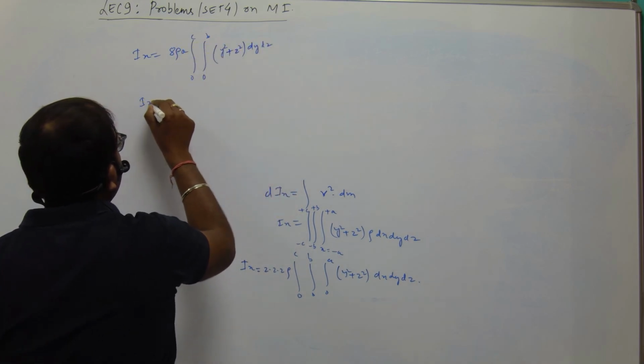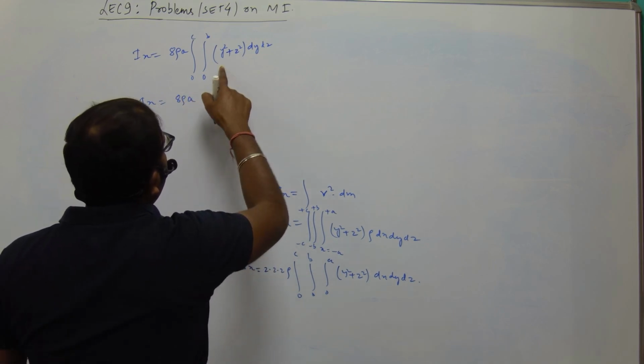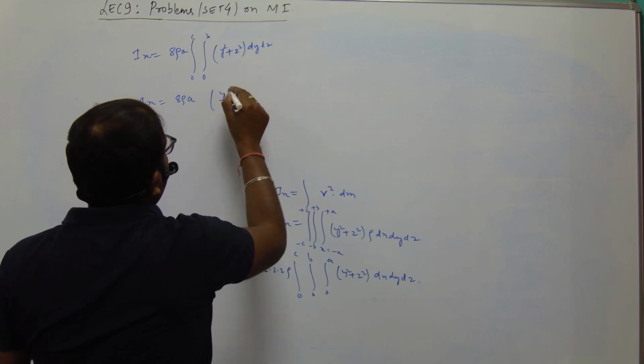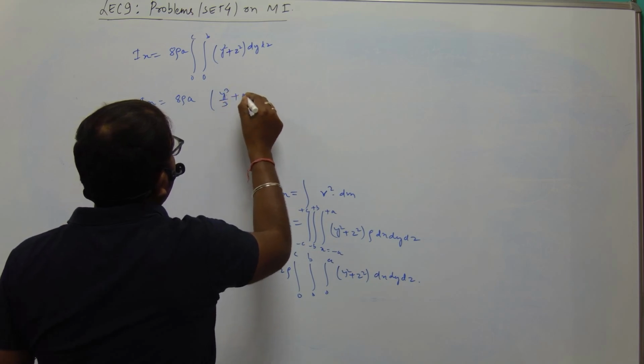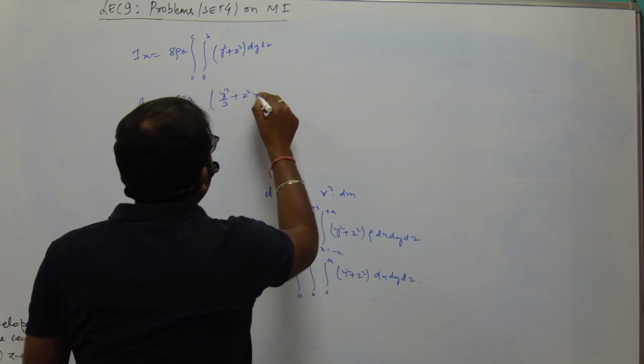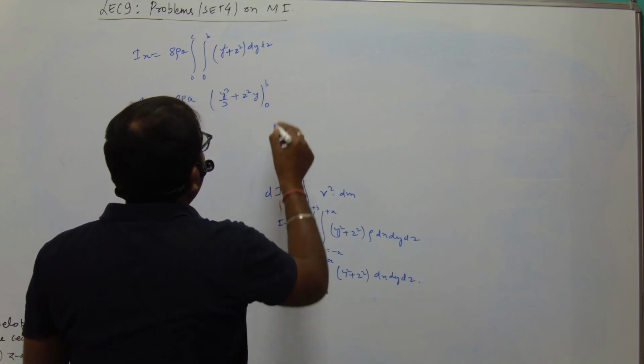So Ix is equal to 8 rho into a. Integrating y square dy gives y cube upon 3, plus z square into y. The limit is b and 0, and we have dz.